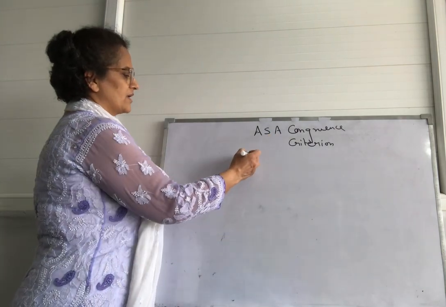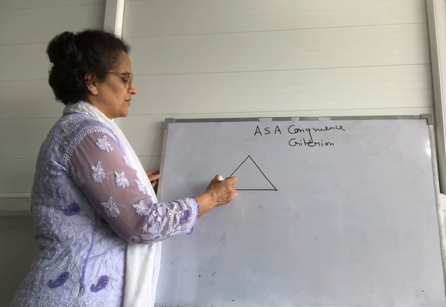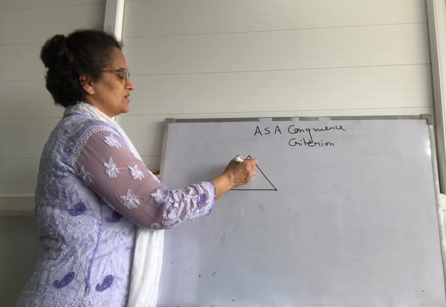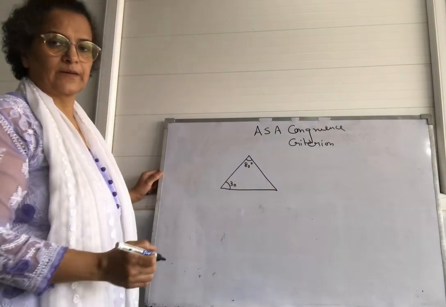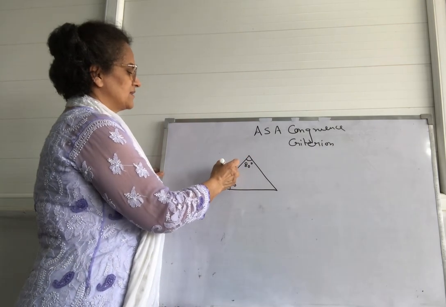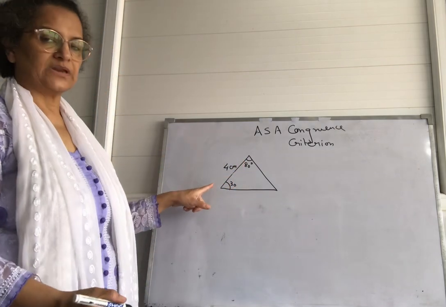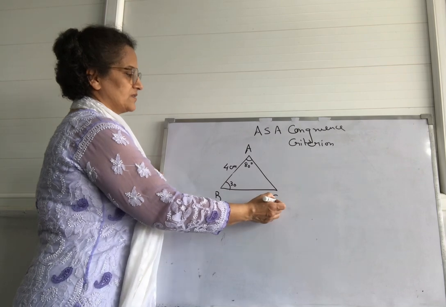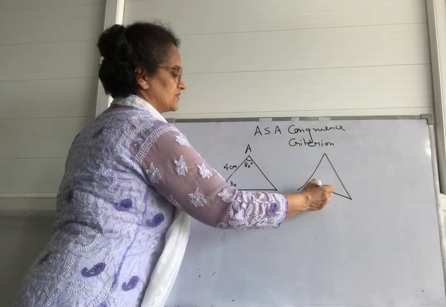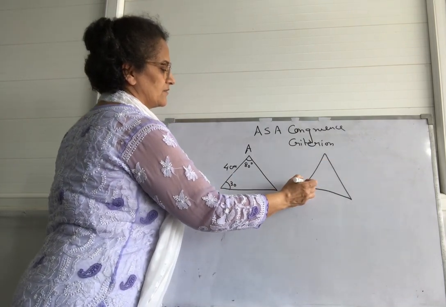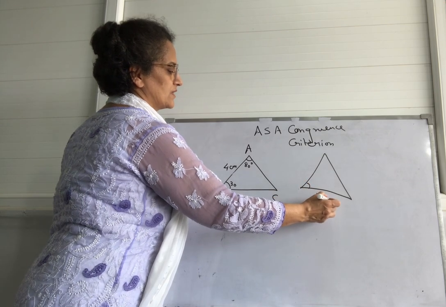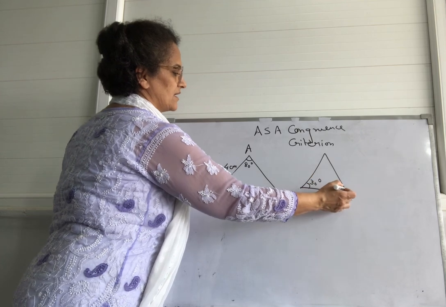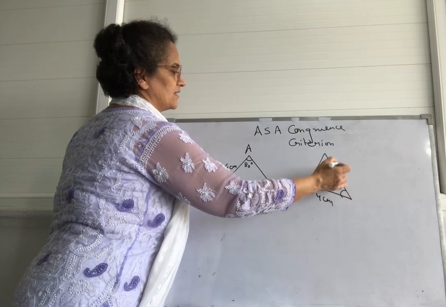So let's draw and understand. If I am taking this to be 30 degree, this to be 80 degree and this to be 4 centimeter, in my triangle ABC, and in this triangle LMN, I take this as 4 centimeter, this as 30 degree and this as 80 degree.